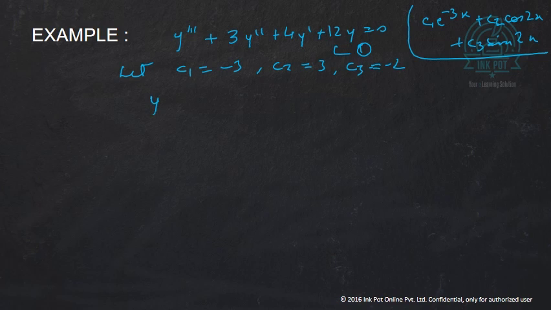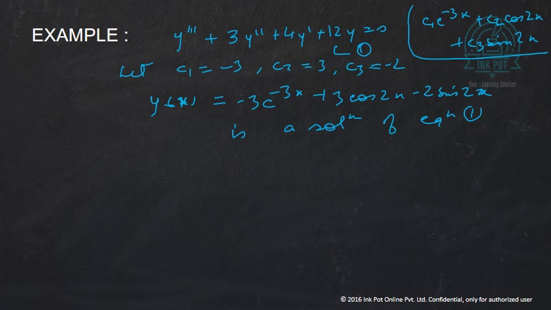Then our solution, let us call it y(x), becomes equal to minus 3 e to the power minus 3x plus 3 cos 2x minus 2 sin 2x. So then y(x) is a solution for equation 1, right? So let us see the conditions that y satisfies at x is equal to 0. Let us calculate y dash x and y double dash x as well.